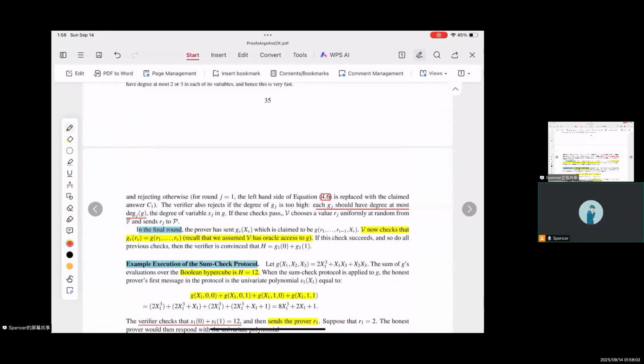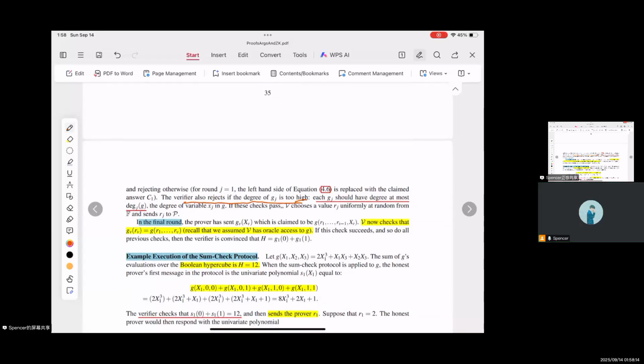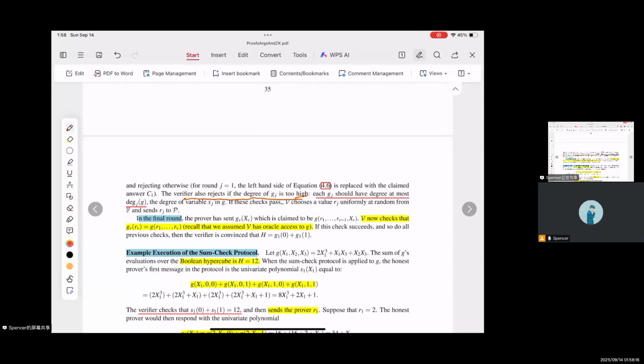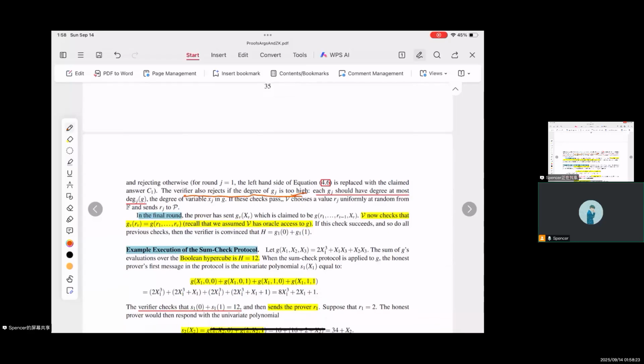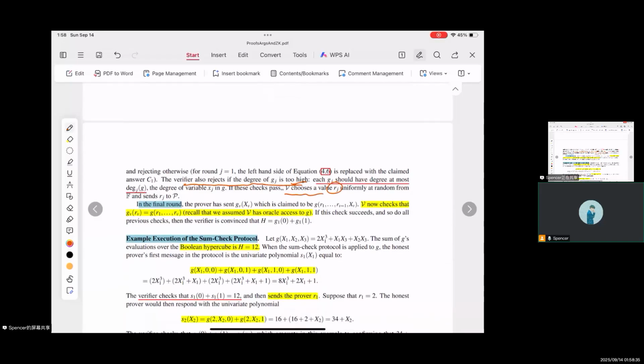The verifier also rejects if the degree is too high, because in the description of the protocol we should also ensure that the degree is correct. After ensuring the degree, the verifier chooses a random value rj and sends it to the prover.